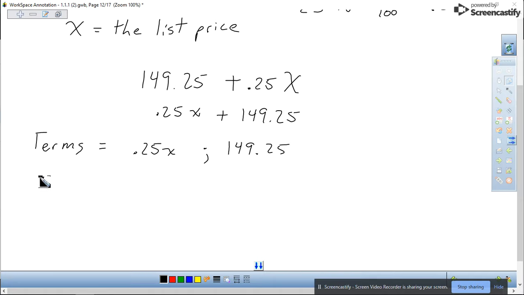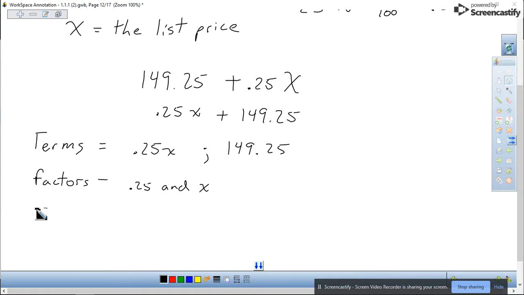Okay, let's talk factors. If any part of your terms has multiplication in it, then the factors are the individual things that are multiplied together. So the 149.25 is out for this because it doesn't have anything multiplied by it. But here we have 0.25 and x, because those two things in that specific term are multiplied together.